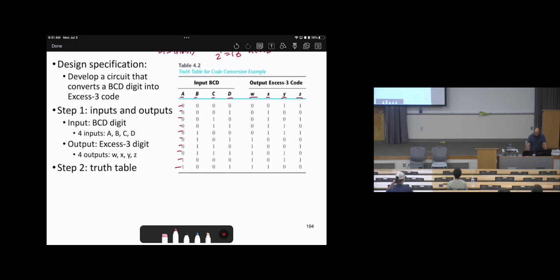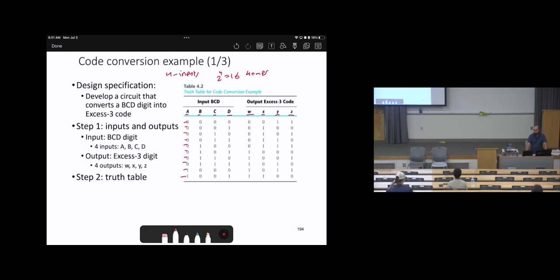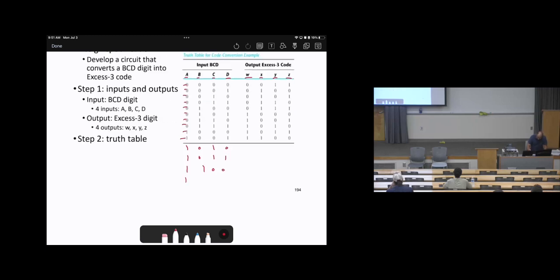So how can we complete this truth table? Since we don't have any information about the rest, we mark them as don't cares.